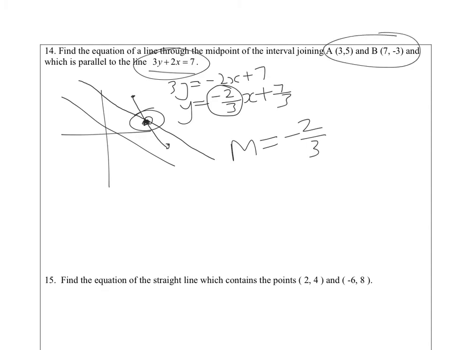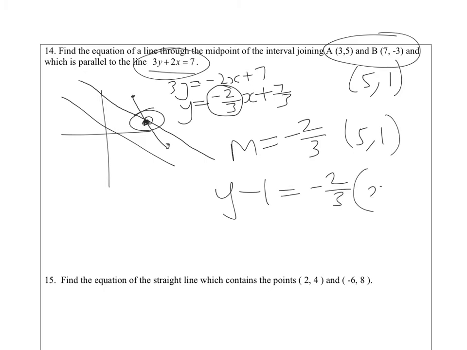So add the x's together. 7 plus 3 is 10, divided by 2 is 5. Add the y values. 5 plus negative 3 is 2, divided by 2 is 1. So we have a point and gradient now. So y minus y1. So y minus 1 equals m, the gradient, x minus 5.